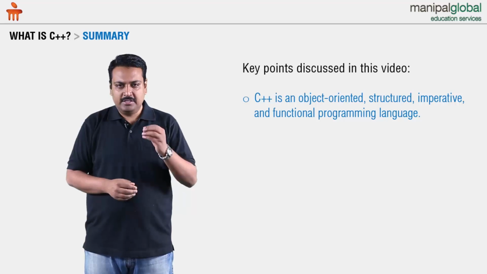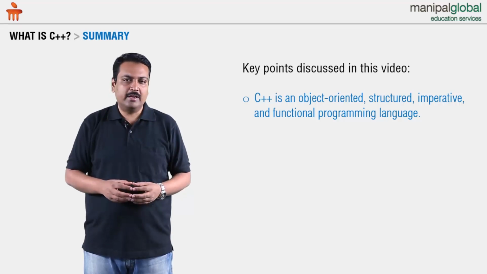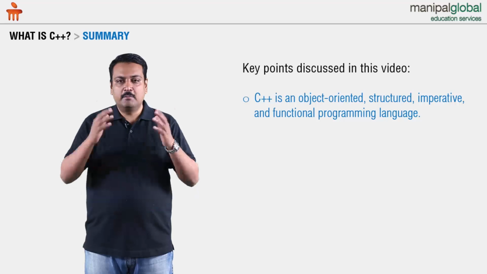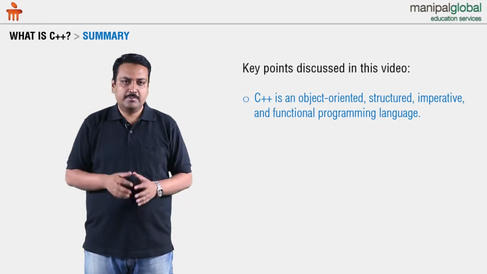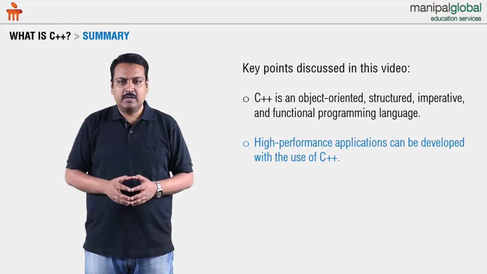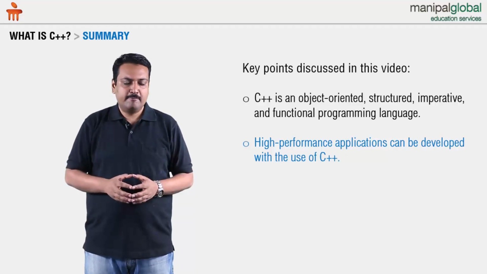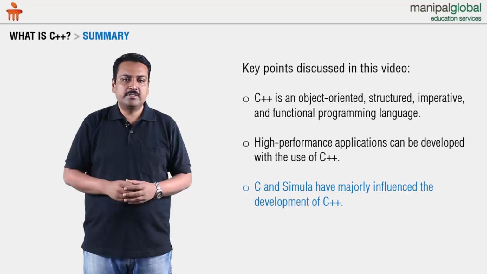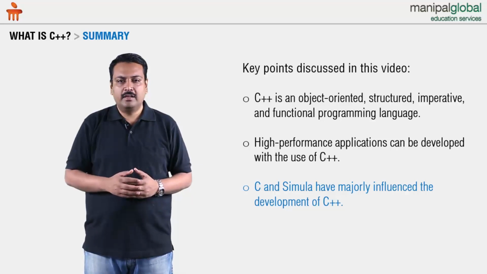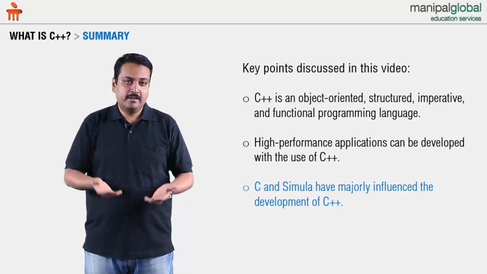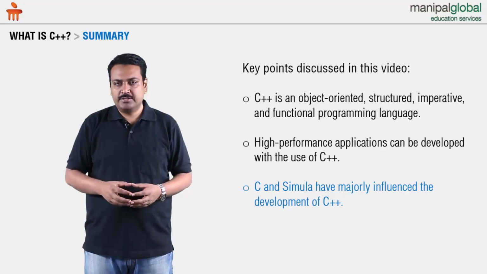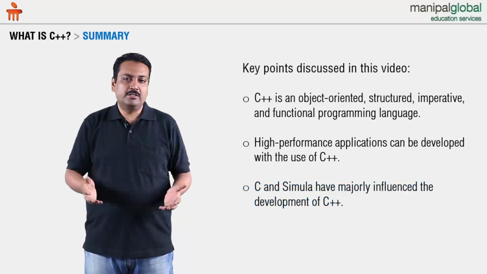So we can say it is a general-purpose programming language which has multi-paradigm support. Principally, it is used for development of high-performance systems applications today, and it has been influenced by C and Simula in a major way. And C++ has influenced other languages that are there today like Java and C#.